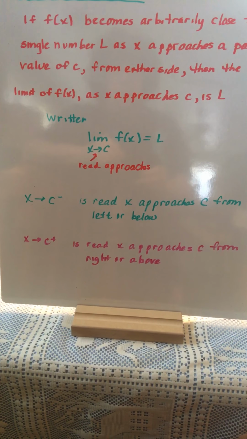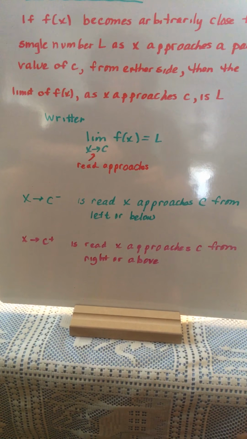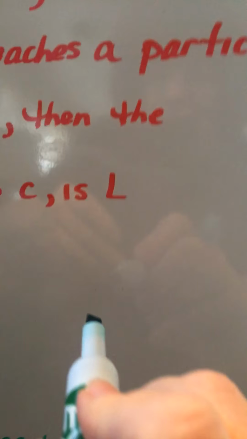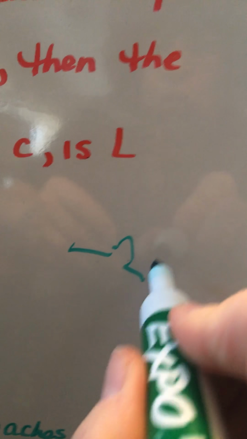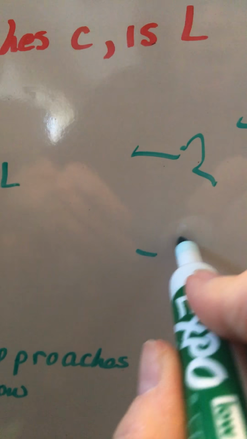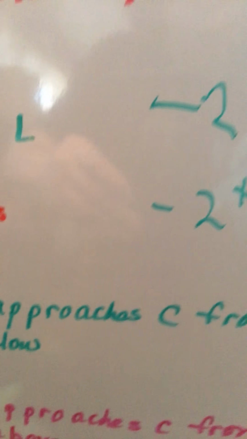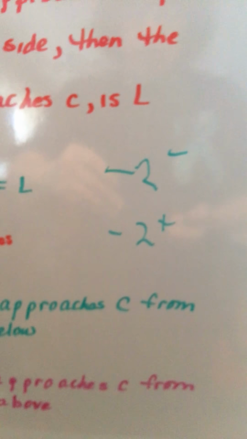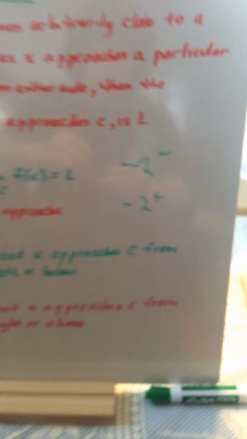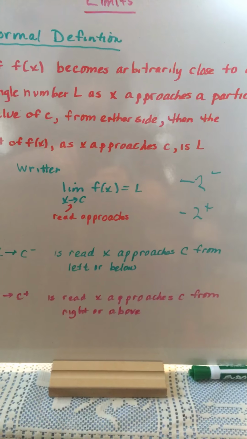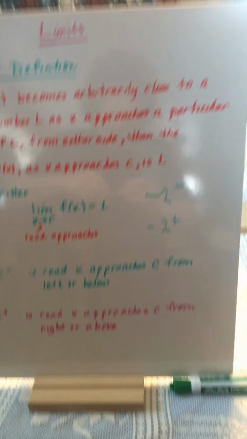So I could be approaching -2 from the left, which would be written -2 with a minus, or -2 from the right would be -2 with a plus. Notice the exponent position is reserved for telling us if we're approaching from above or from below.